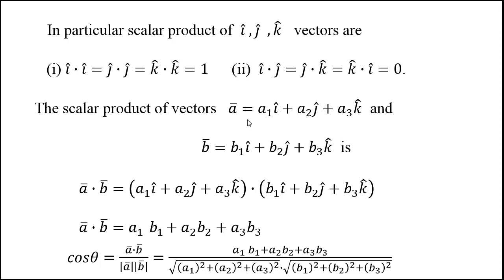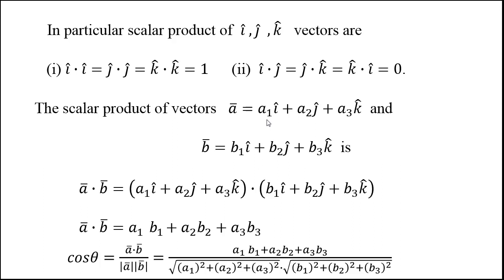Now we note one thing, that dot product is commutative, so i dot j is 0 and j dot i is also 0. Now how to write the scalar product of vectors a bar and b bar when a bar and b bar are given in Cartesian form?